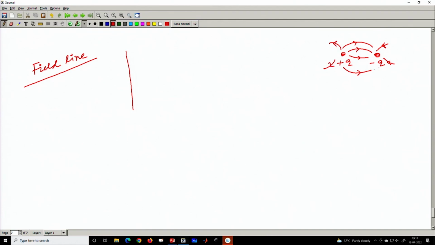So, with this expression of this field line, one can figure out the expression of the field line in polar coordinates, because the electric field we know.